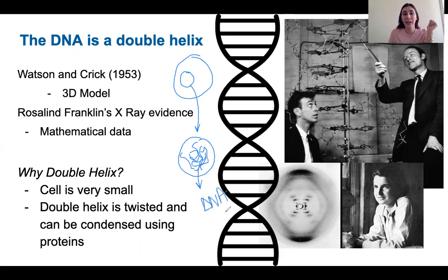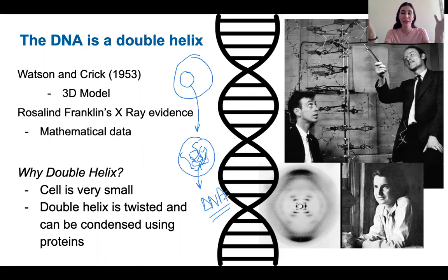Now, if we take all the DNA that is found inside a cell and lay it down on the floor, it would be around 2 meters long. It's really, really large. How do you take something that is 2 meters long and fit it in something microscopic like a nucleus?